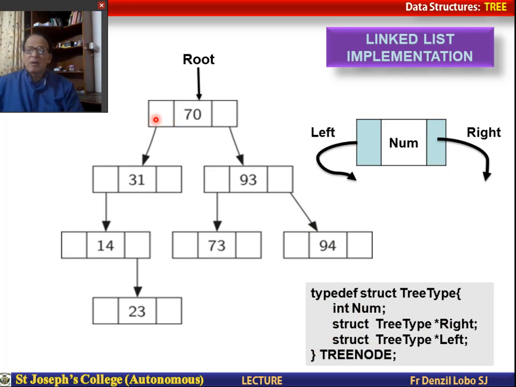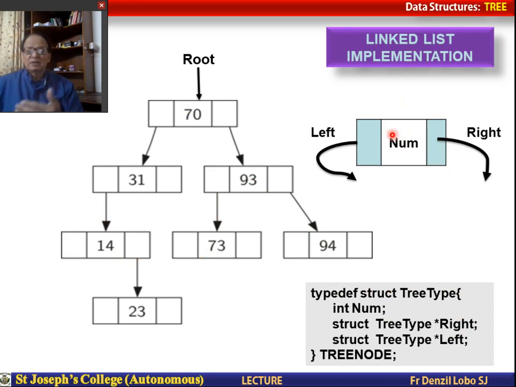As you see here, pointer to left node, pointer to right node, and this again has a pointer to left node and right node, null. Similarly here it points to left node and points to right node. So this is how we represent the node of a tree using linked list implementation.